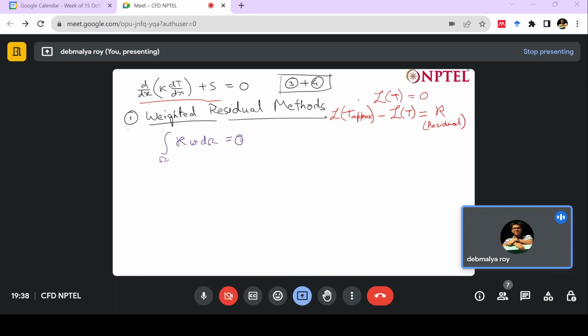So instead of solving the equation as it is, which might be difficult, we are finding an approximate solution in such a way that the overall residual is very close to 0, and we do that with the help of a weighting function W. Instead of getting an exact solution, we are getting an approximate solution.